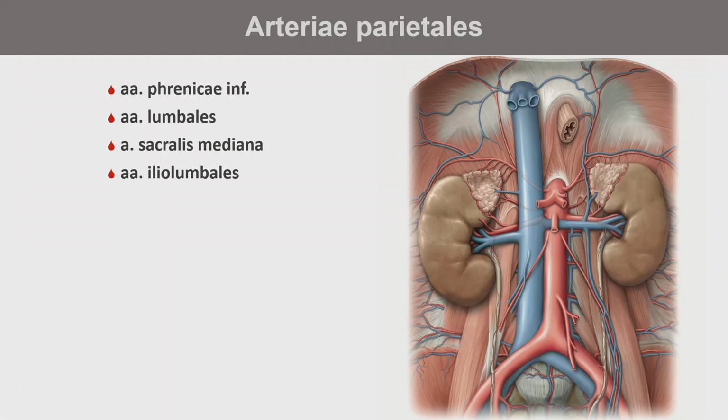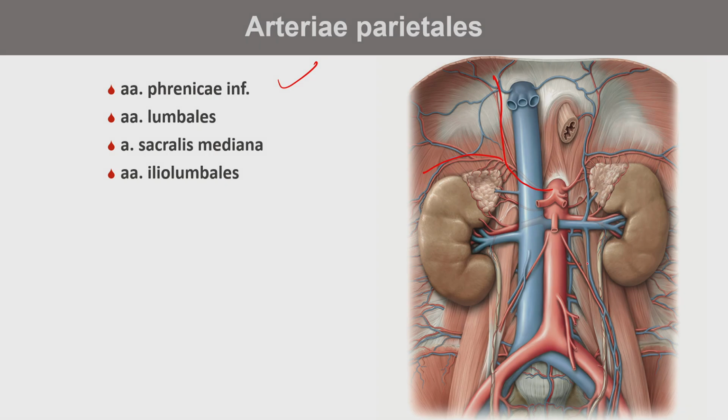Parietal vessels. Parietal vessels supply the muscles and parietal peritoneum, subcutaneous fatty tissue, and also cutaneous coverage. They are the inferior phrenic arteries, which are supplying the diaphragm.